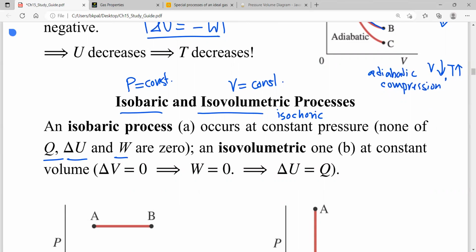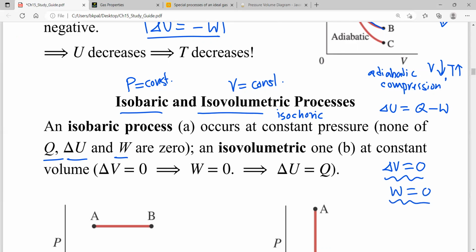Okay, so for an isobaric process, the first law equation is basically the same thing. But for an isovolumetric process, V constant means delta V equal to 0, and delta V equal to 0 means W equal to 0.